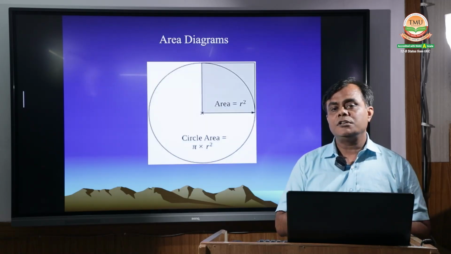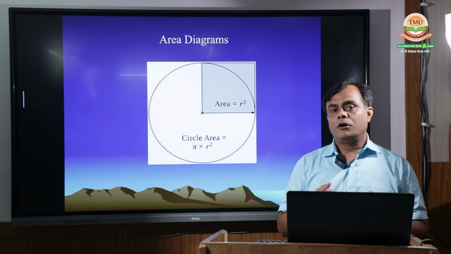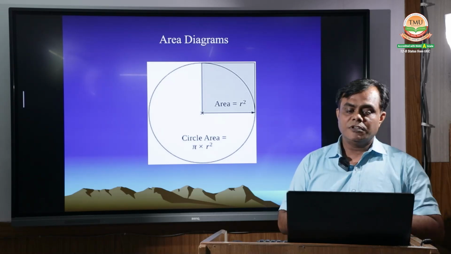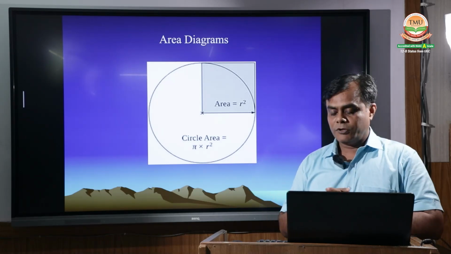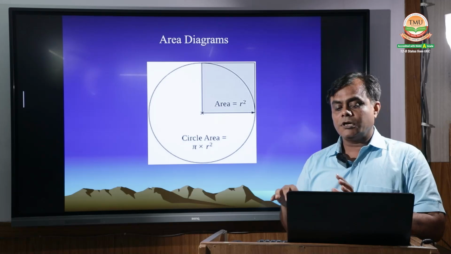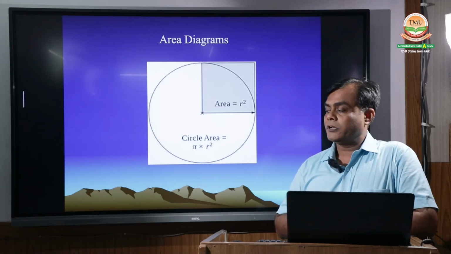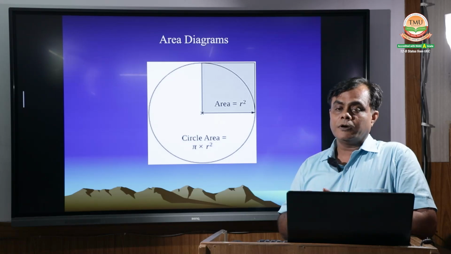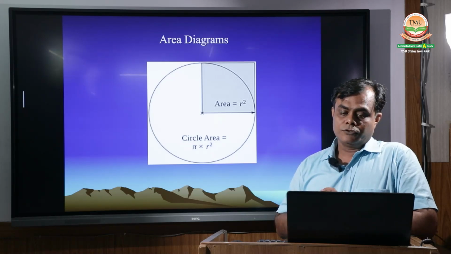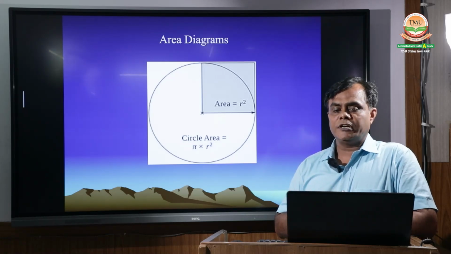Here you can see this slide or picture of the area diagram, and in this area diagram there is a dark spot, and that dark spot gives you a particular area out of the circle. This is how we can show the area diagram.